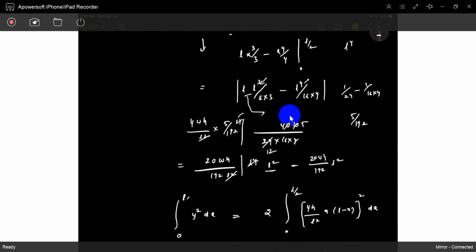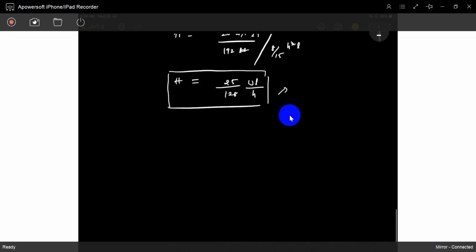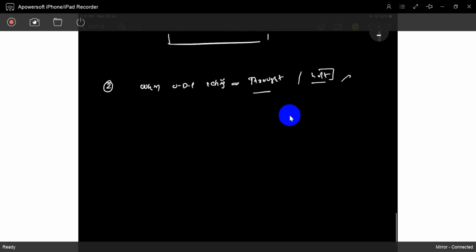And the second thing I want you to learn: when UDL is acting throughout or only on half of the span, you can just divide by 2 to get the horizontal thrust.